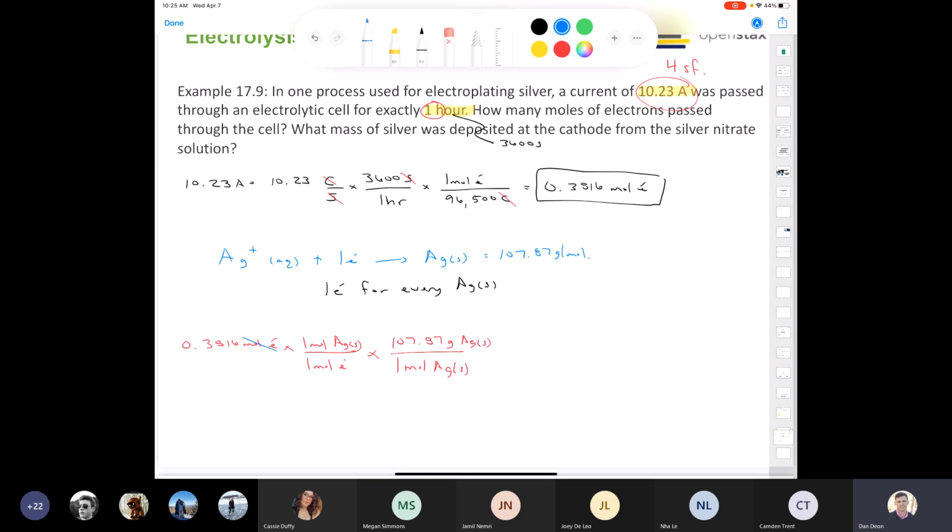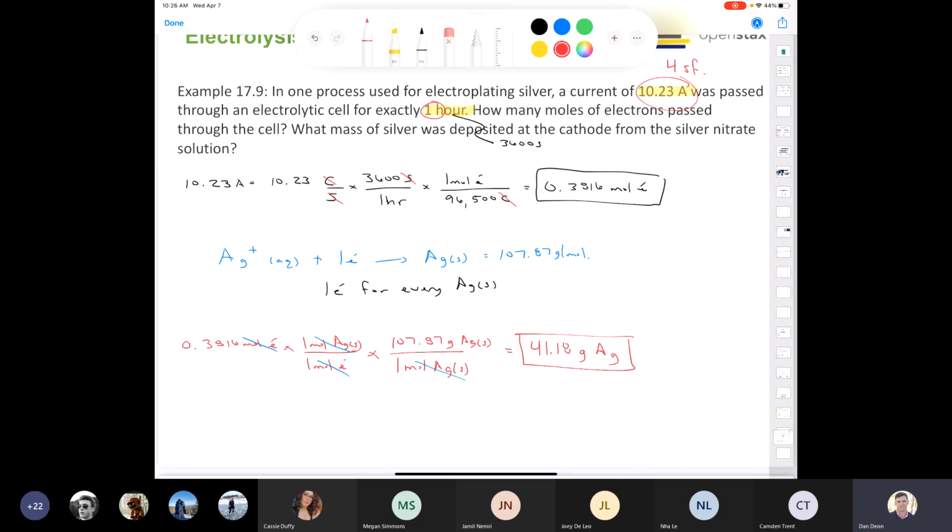Look at this. Moles of electrons cancel, moles of silver cancel, and we end up with 41.18 grams of silver. So that is how much silver was deposited at the cathode during this electroplating process.